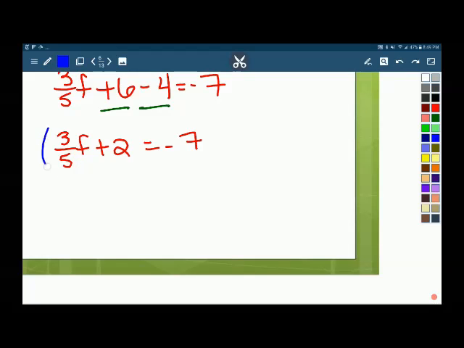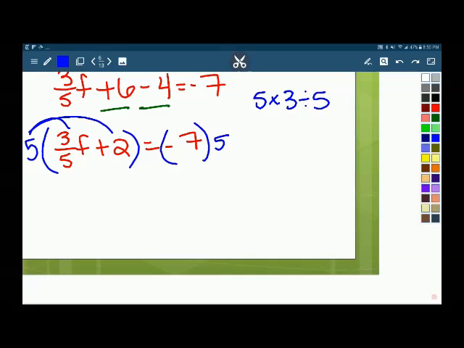So the entire left side, multiply that by 5, and the entire right side, multiply that by 5, which means I'm going to have to do another distributive property. And again, if you were to type in your calculator 5 times 3 divided by 5, that's the same thing as doing 5 times 3/5.